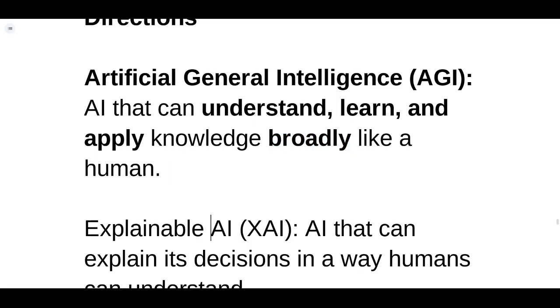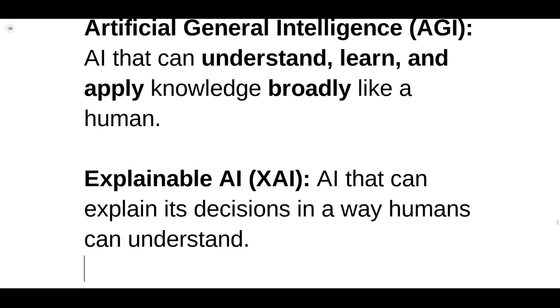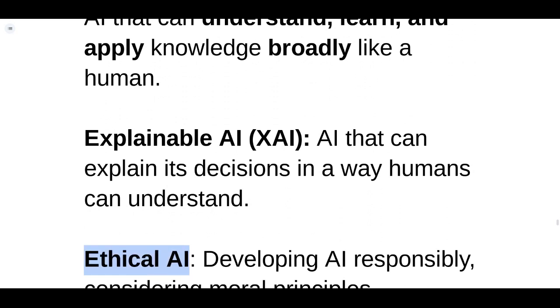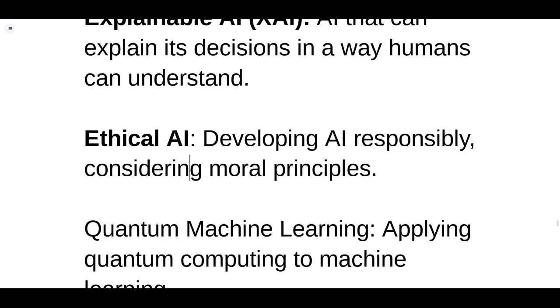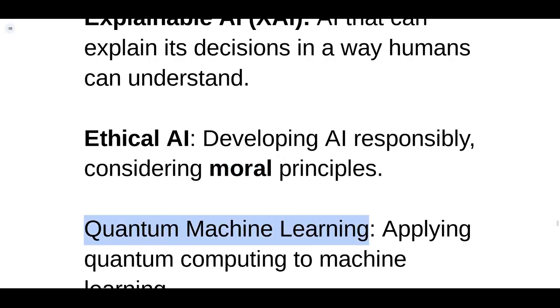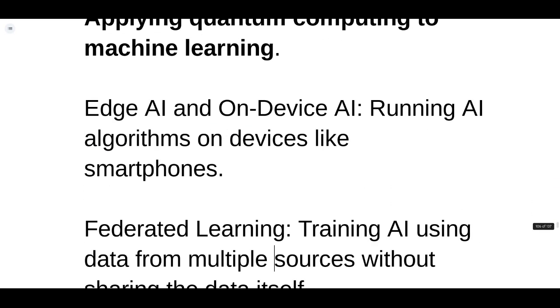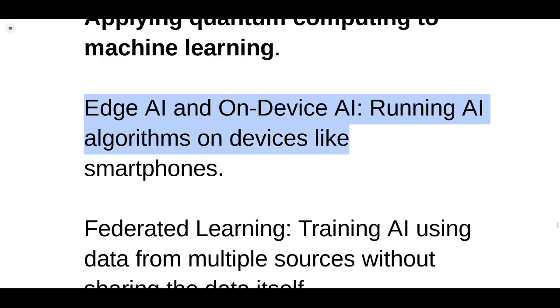Explainable AI, AI that can explain its decisions in a way humans can understand. Ethical AI, developing AI responsibly, considering moral principles. And quantum machine learning, applying quantum computing to machine learning. Then Edge AI and on-device AI, running AI algorithms on devices like smartphones.